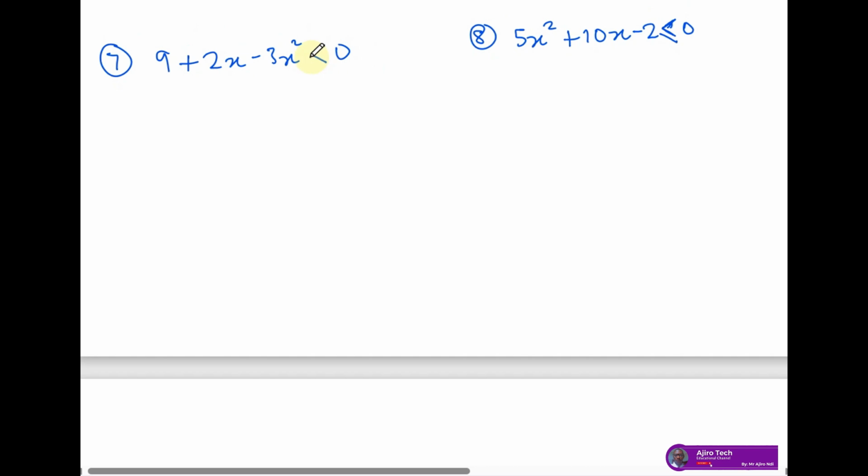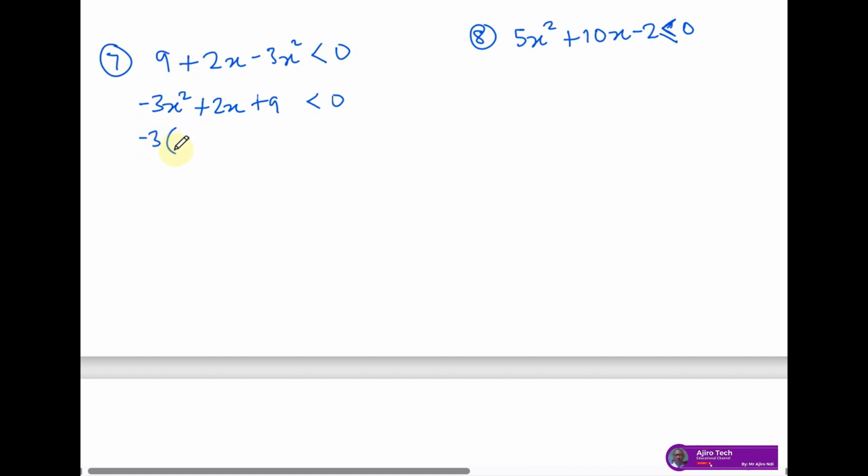When x squared is negative, I can arrange. I'll put x squared first. Negative 3x squared plus 2x plus 9 less than 0. I can factorize negative 3 out.